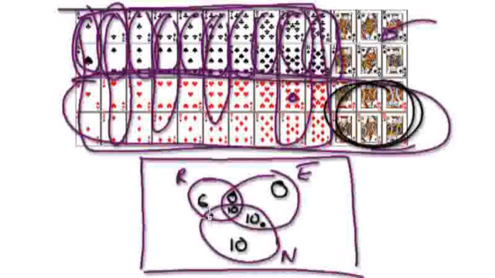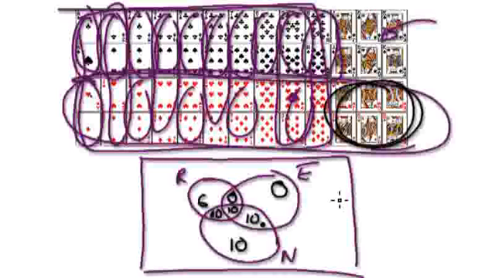And then this segment here, you want a number card and a red card, but not an even card. So number and red, but not even. It's going to be 2, 4, 6, 8, 10. So this segment will be 10.